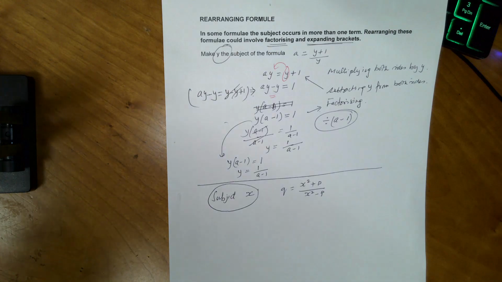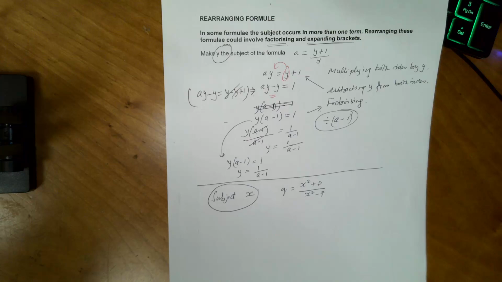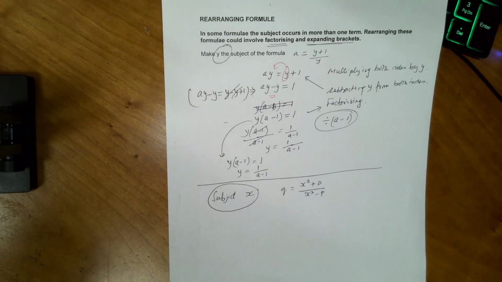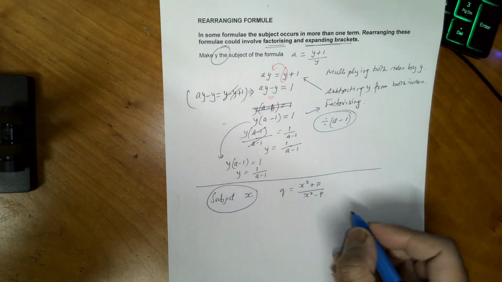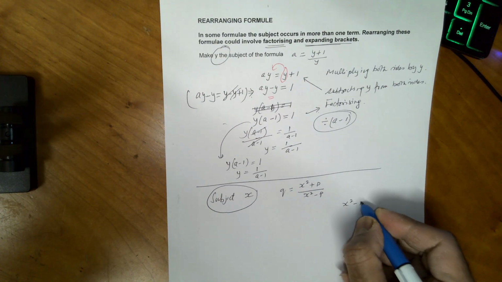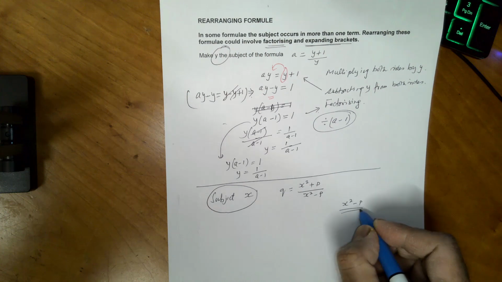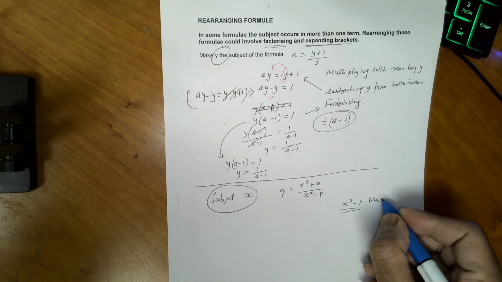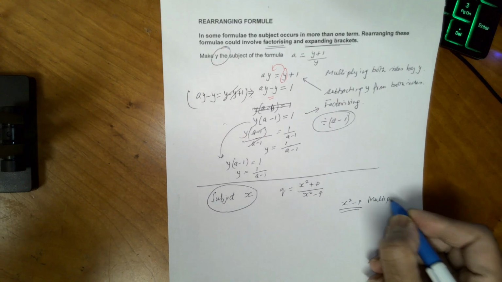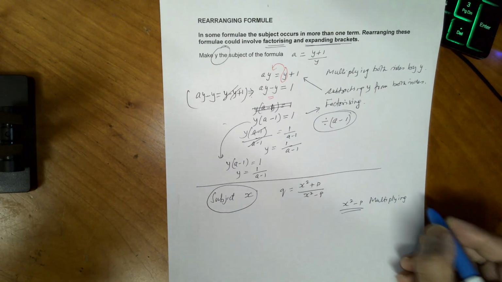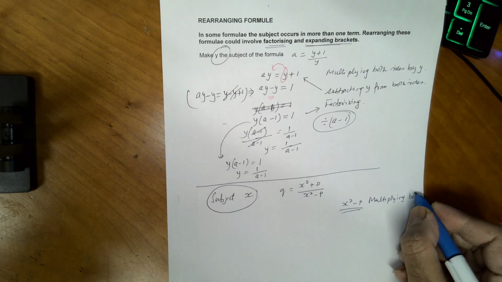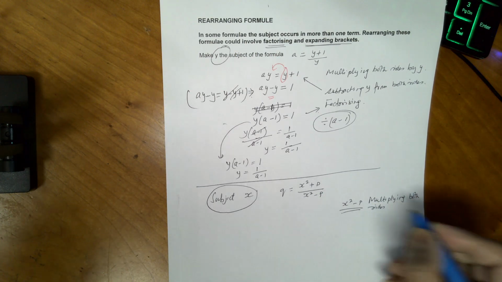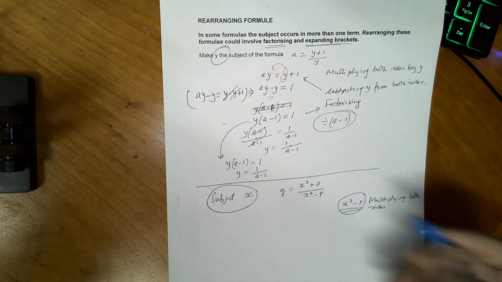Right, so how would you do that? First, what you need to do is remove the fractions by multiplying both sides by x square minus p. So I just write down here, multiplying both sides by x square minus p.